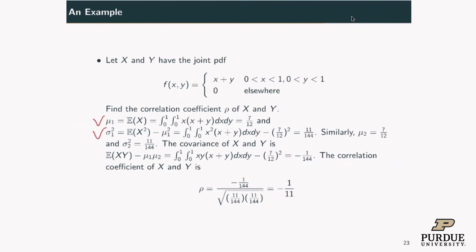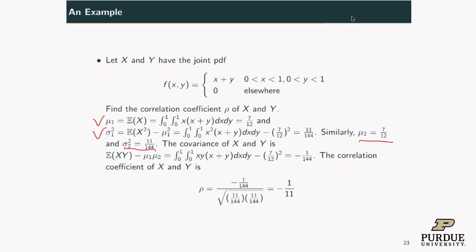We can get the variance of X. By definition, expected value of X squared minus mean square. You can get the sigma 1 square. Since X and Y are symmetric, mu2 and sigma 2 square are exactly the same as the mean and variance of X.